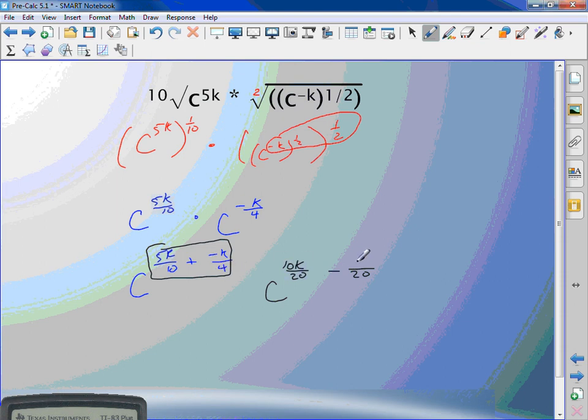So it's 5k. What's 10k minus 5k? c to the 5k over 20. Now simplify it again. 5 over 20 means 1/4. c to the 1/4 k, which is just k over 4. That's your final answer.